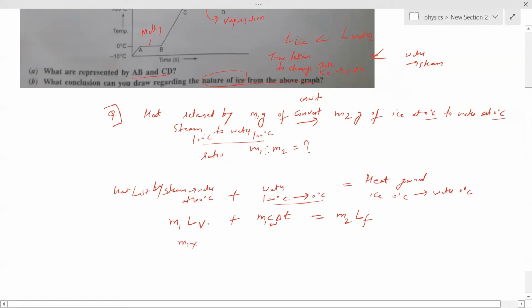M1 into, what should I write? The latent heat of vaporization. What is the value?